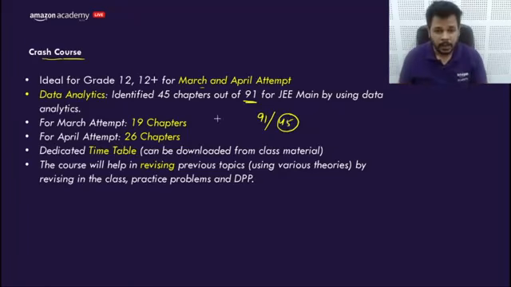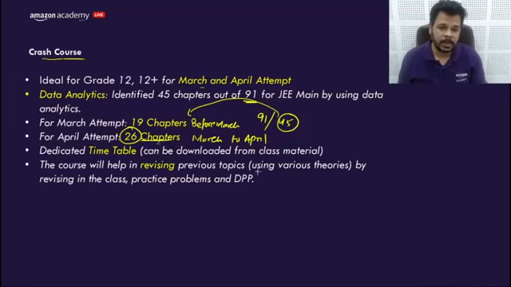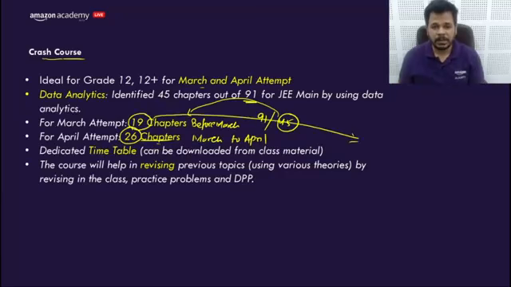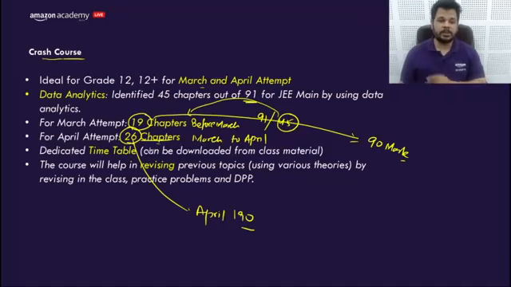Out of 45 we will prepare 19 chapters before the March attempt, and between March to April we'll prepare the remaining 26 chapters. If you prepare these 19 chapters, you can achieve up to 90 marks in the March attempt, and till April you can achieve up to 190 marks if you prepare the remaining 26 chapters.